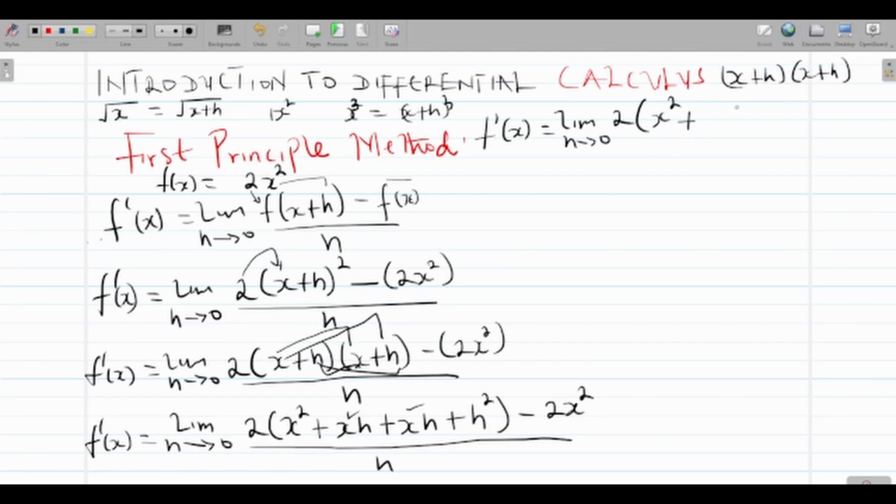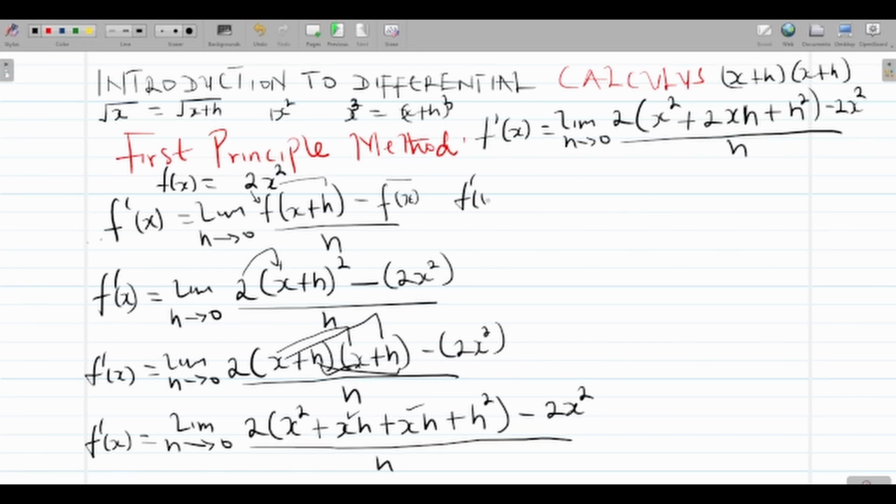They now add together to give us 2x plus 2xh plus h squared. And outside the bracket, you've got minus 2x squared all over h. Can we substitute or evaluate the limit at this point? No, we can't evaluate the limit, so we have to keep on simplifying.